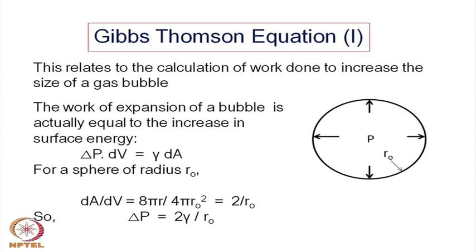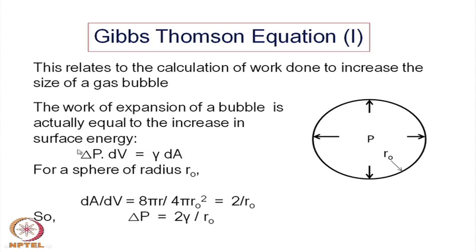And this pressure is making some work done. So, the work of expansion of the bubble is actually equal to the increase in the surface energy. The work done is against the surface tension forces. So, the surface energy and the work done must be equated.